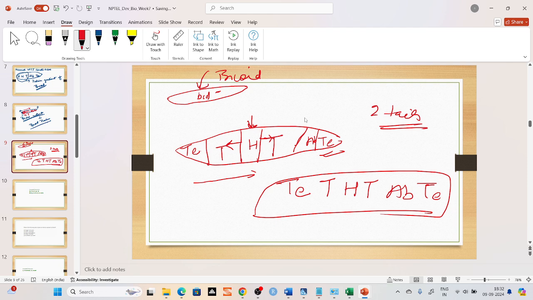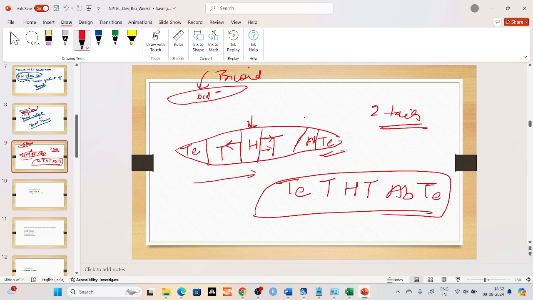That's what I was telling you, why we say that bicoid is responsible for anterior axis formation: the portion which is receiving the maximum amount of bicoid protein will form the head. And then there is a gradient, and since your bicoid is inserted into the middle, gradient formation will occur in both directions.